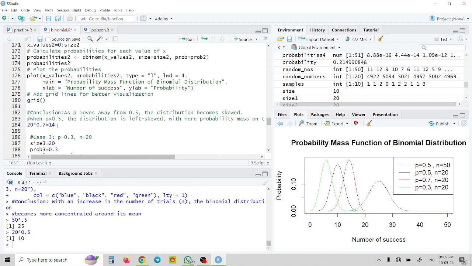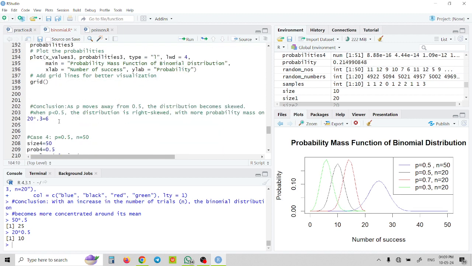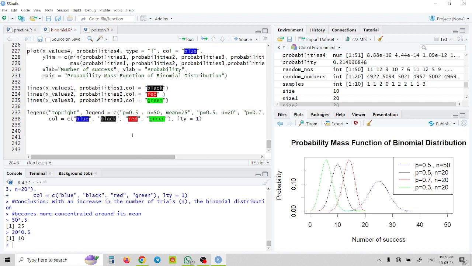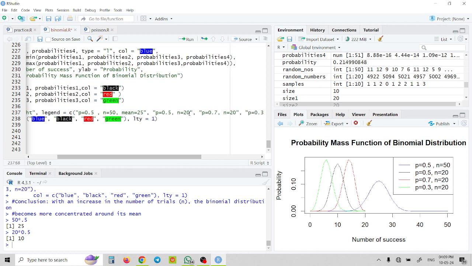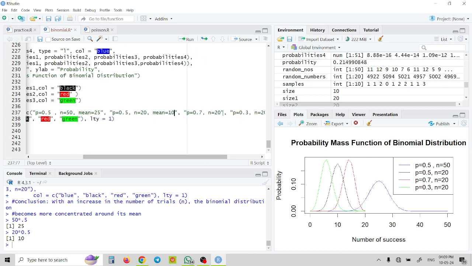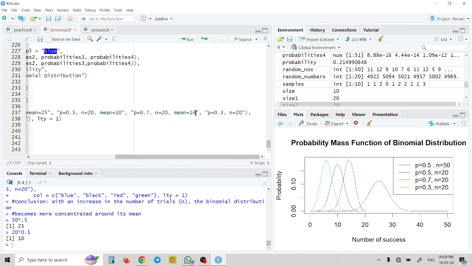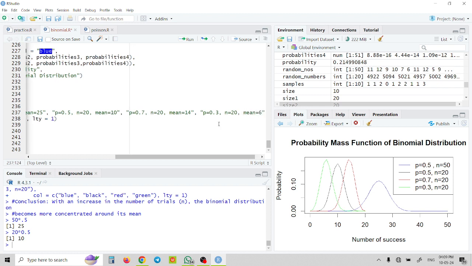Case 2, we can calculate 14. Case 3, 6. So I'll add here. Case 1, 10. So mean is equal to 10. Case 2, mean is equal to 14. Case 3, mean is equal to 6.